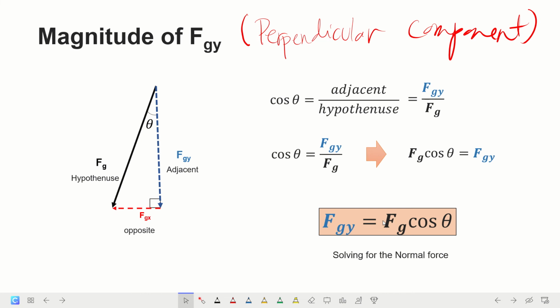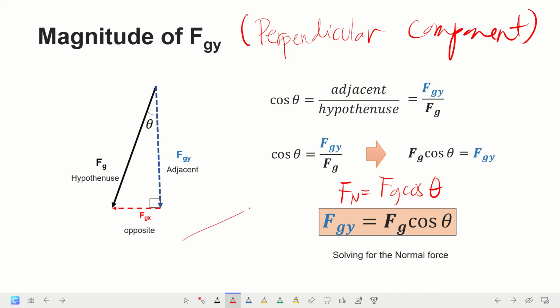Since the object is in contact with the ramp, the forces must be equal. So this can now be used to solve for our normal force. That is why in other resources, it says the normal force is equal to F_g cosine theta. So you can consider this as the equation for the normal force.